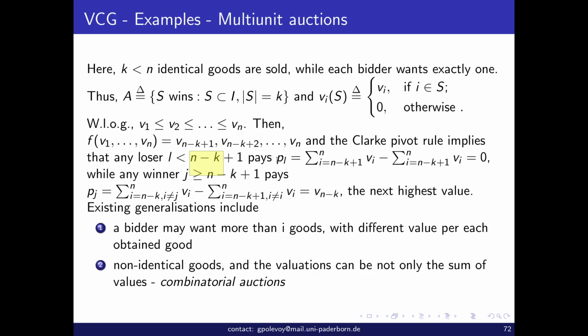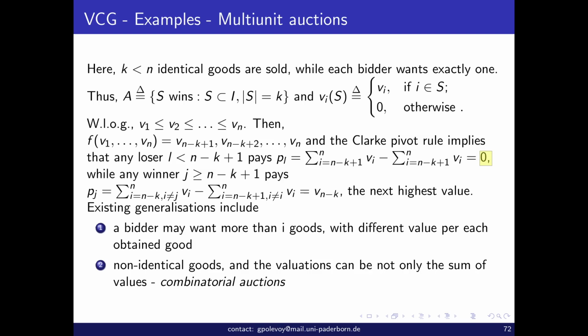The payment in the Clarke rule is the value of everyone else, if not for that loser. Since he's a loser, it will not change. It will simply be the sum of the values from n minus k plus 1 till n, minus the sum of the values which actually was realized, which is the same. So it's 0. The losers don't pay anything. Naturally enough.